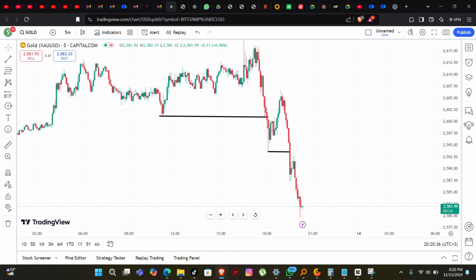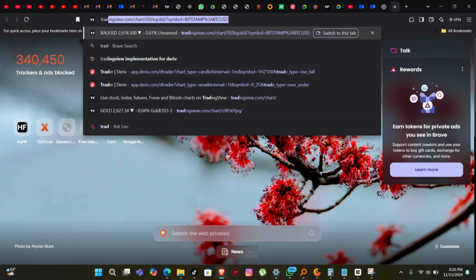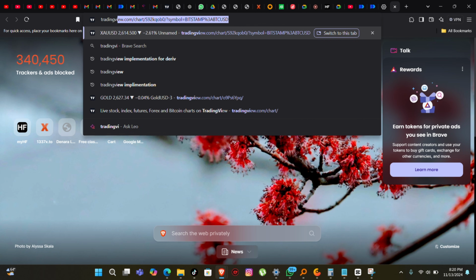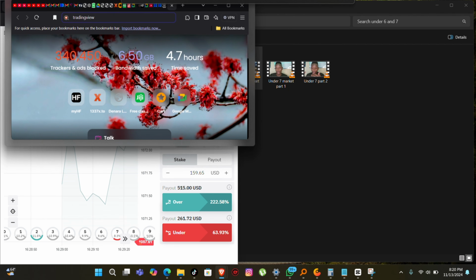The first thing, you get into your browser, and then you're going to search TradingView. Write exactly how I'm writing it. I don't know if I'm going to zoom in here.